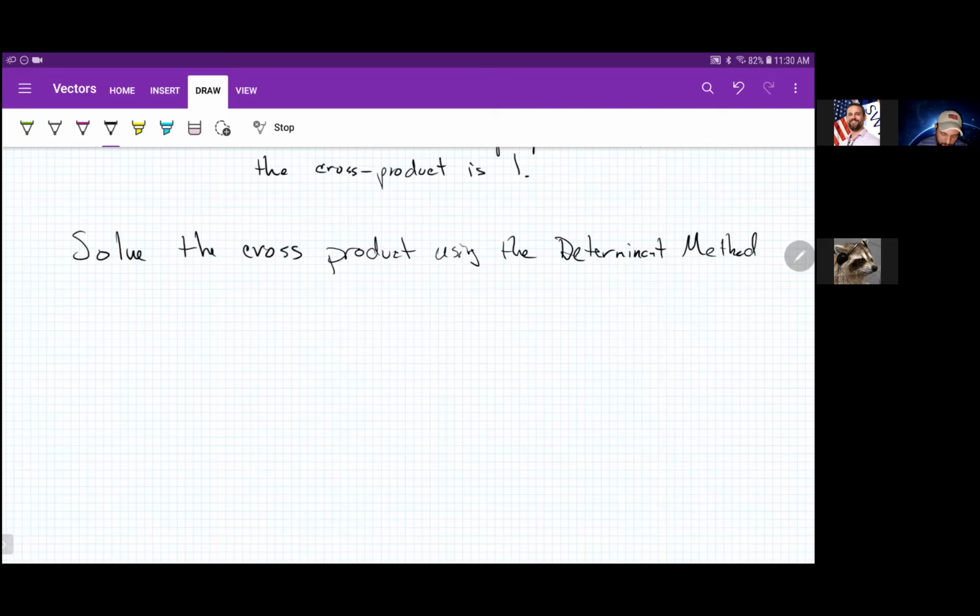Right? But note that this only works for Cartesian coordinates, right? Not in any other coordinate system.